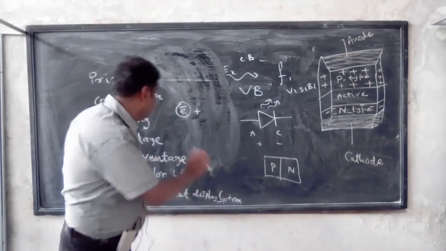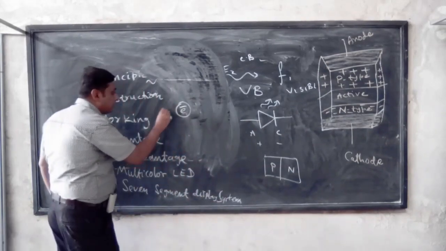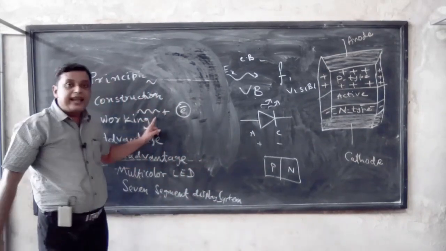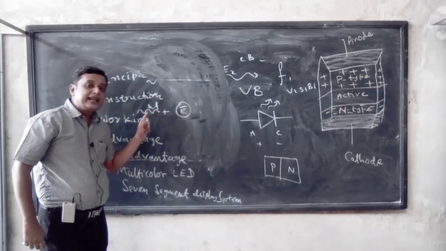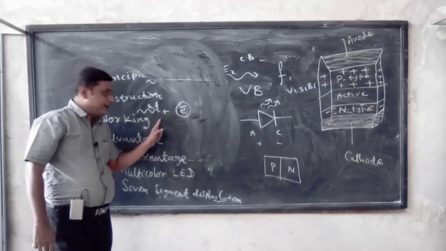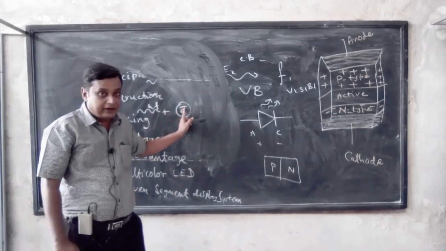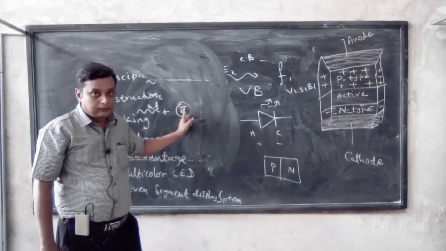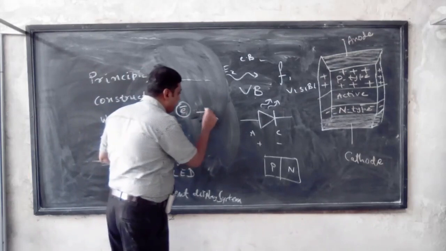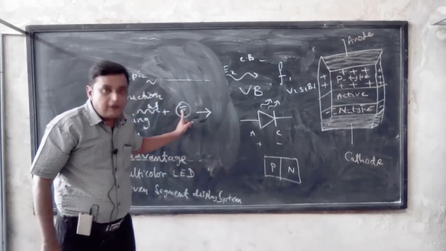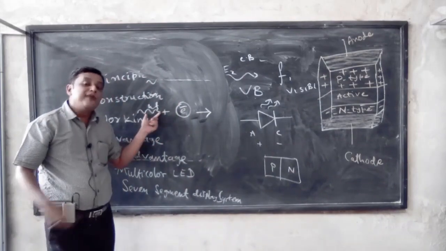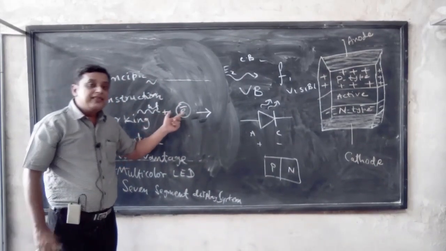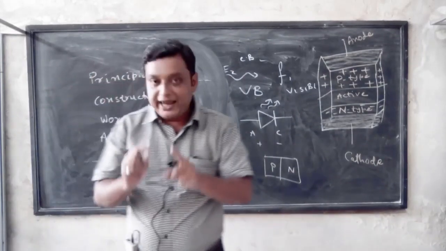Now I am applying a light energy, that is hf. I am applying the light energy hf, that is falling onto the recombination state of the electron. So what happens? The electron from the valence band will absorb the light which is falling onto it, and this electron's energy is increased.